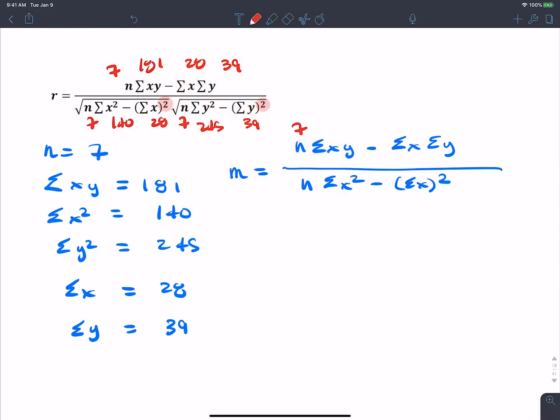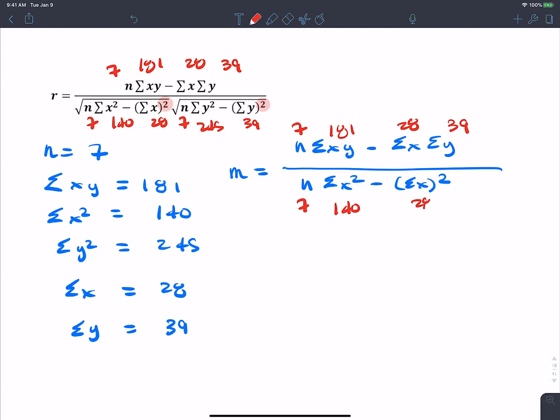Add your 7 here. Here's your 7. Sum xy is, isn't that 181 here? What's your sum x? 28. What's your sum y? 39. Is sum x squared 140? Double check.